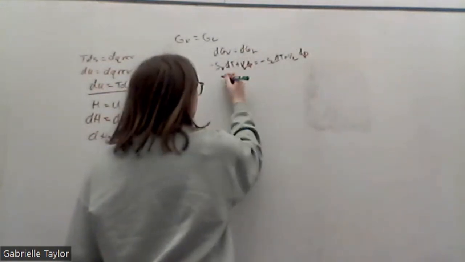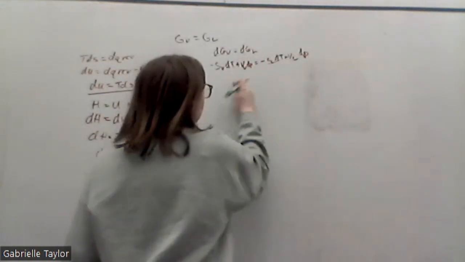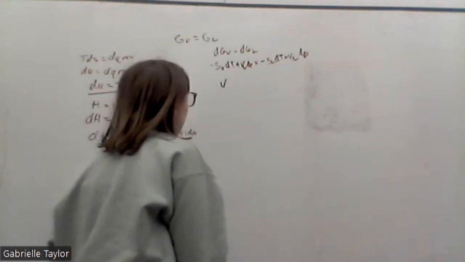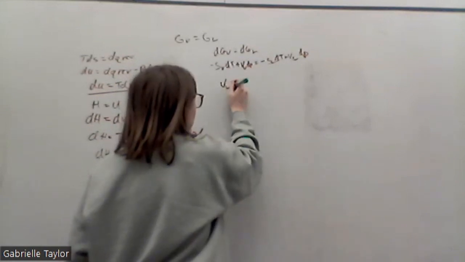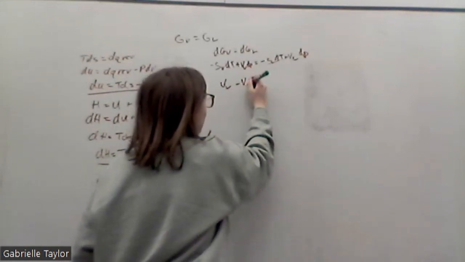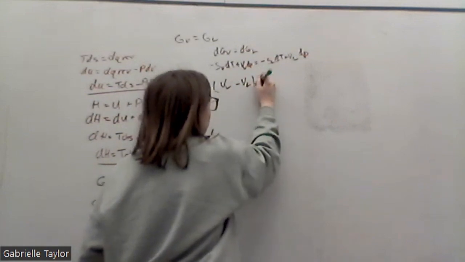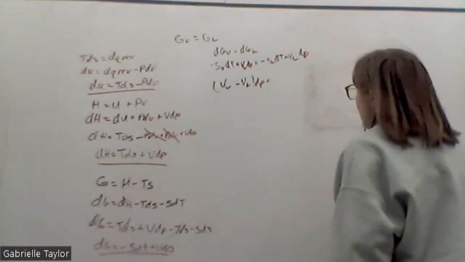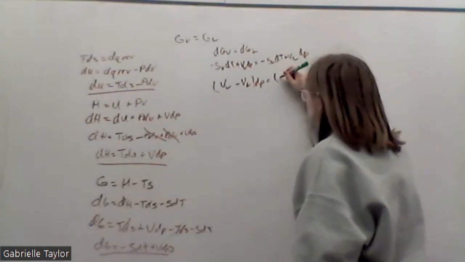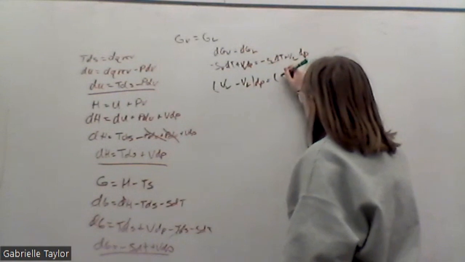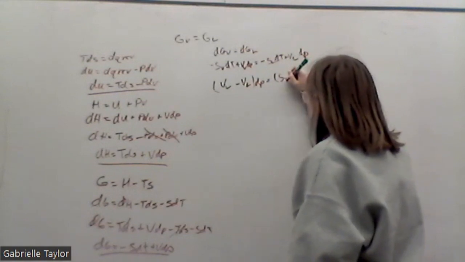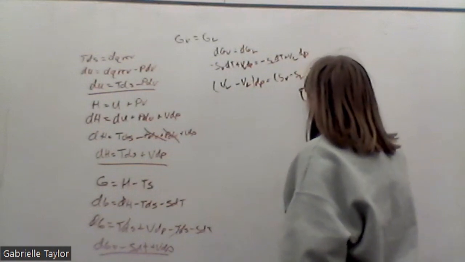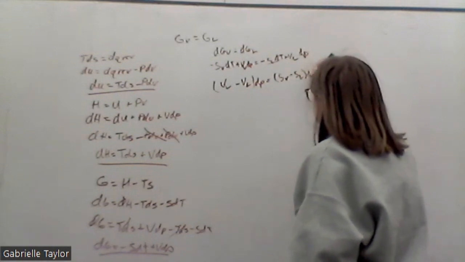So we have the volume of the vapor minus the volume of the liquid, dP, is going to equal the entropy of the vapor minus the entropy of the liquid, dT.